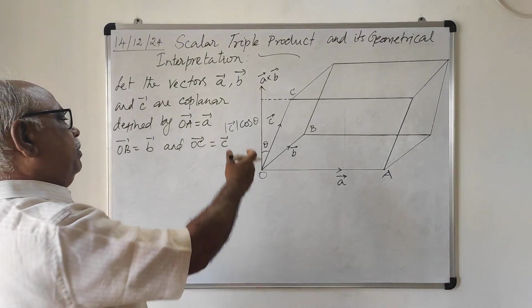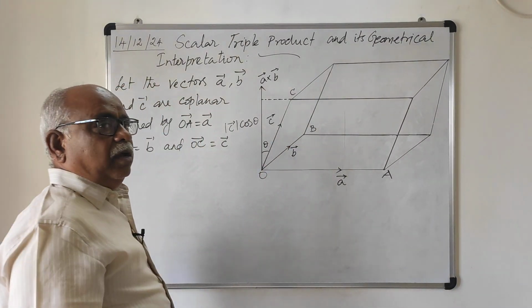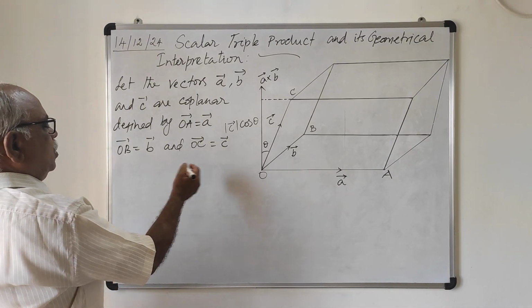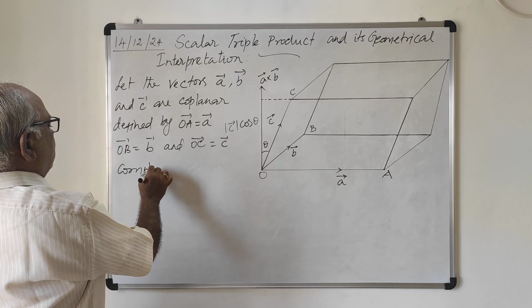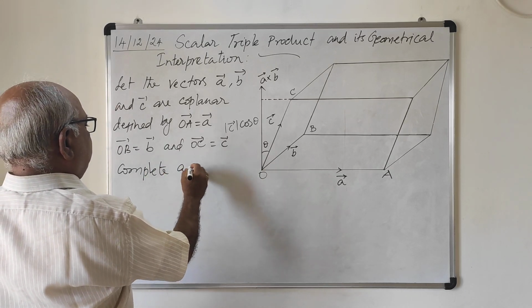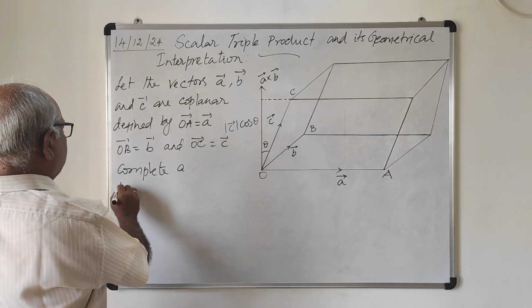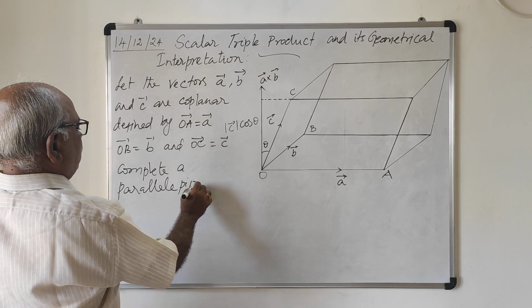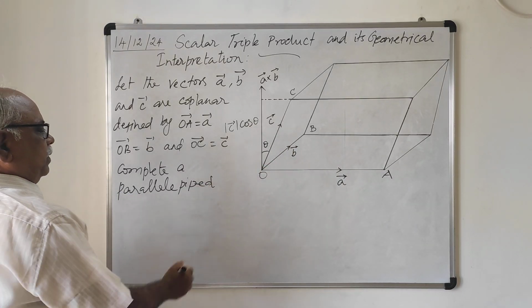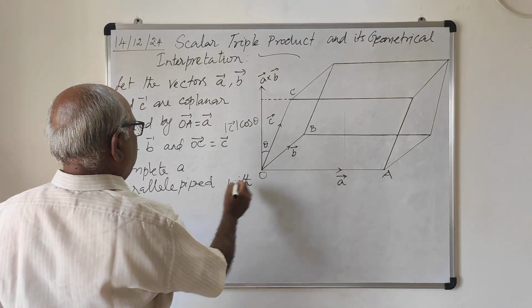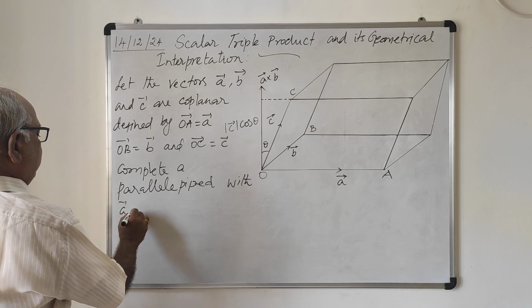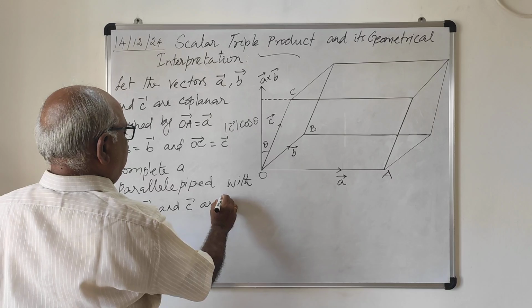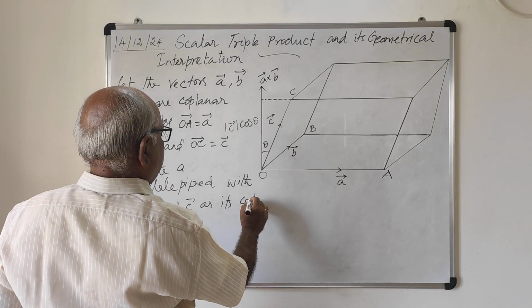This is a parallelepiped having vectors A, B, C as its coterminous edges.